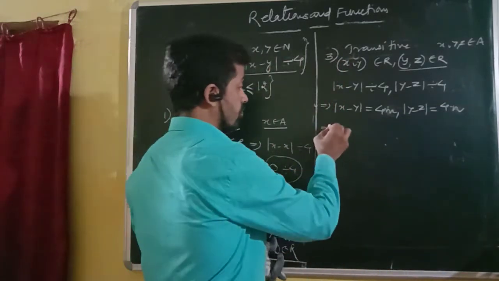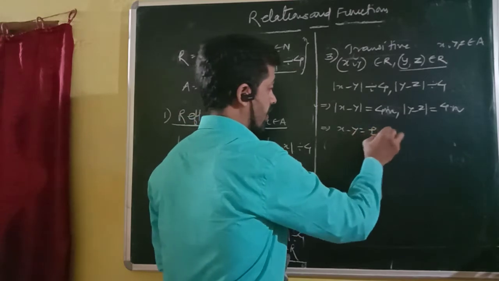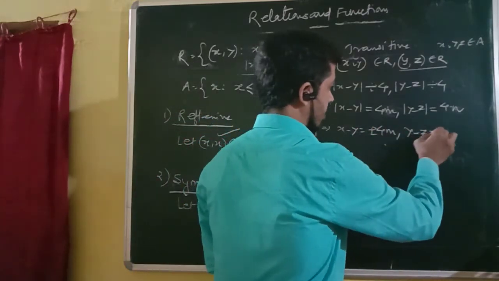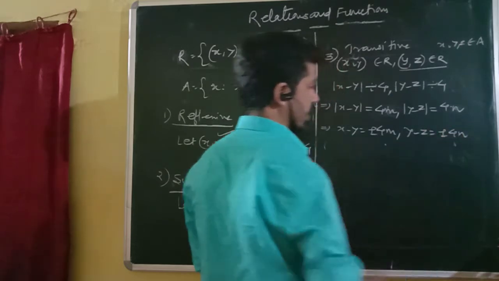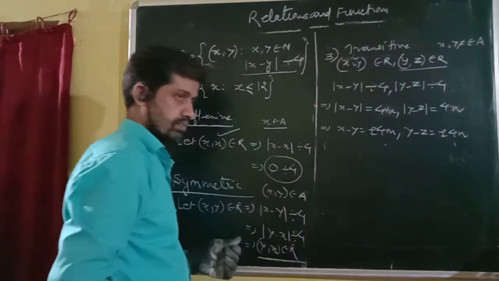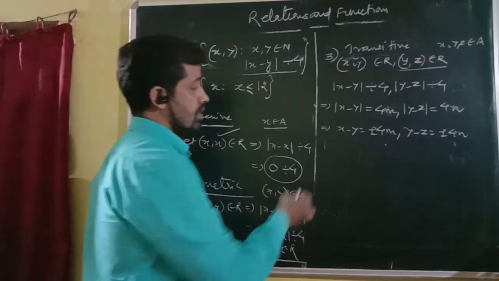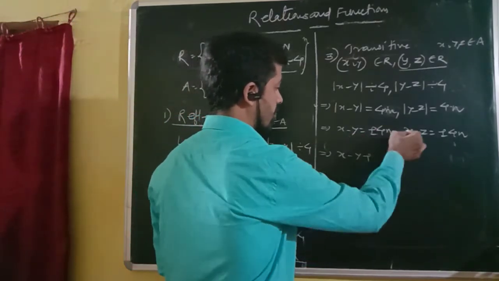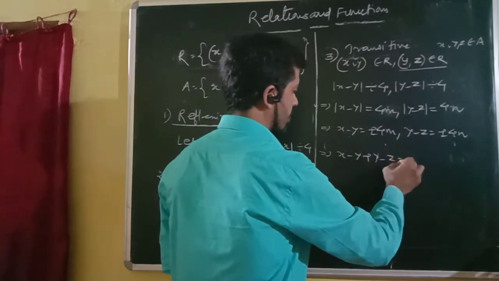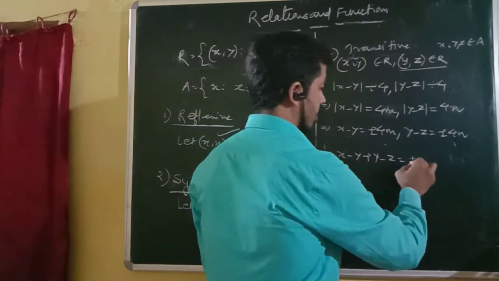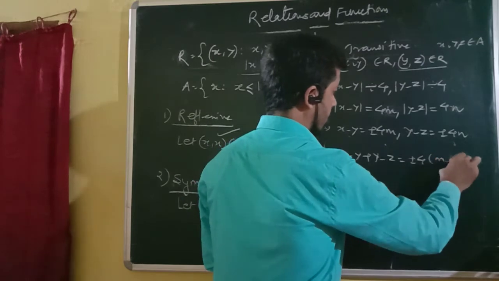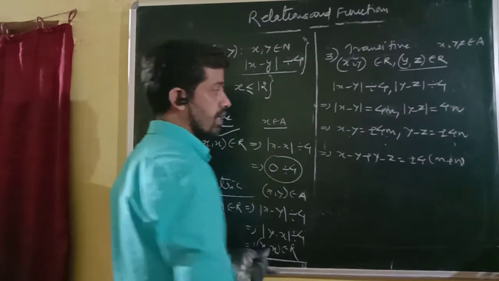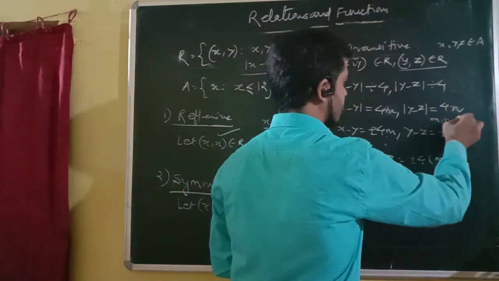Now if I remove modulus, then we get plus minus 4m, and similarly here plus minus 4n. Now add both of them, what do we get? X minus y plus y minus z is a multiple of 4, where m and n are integers.